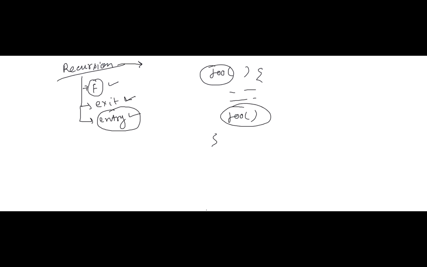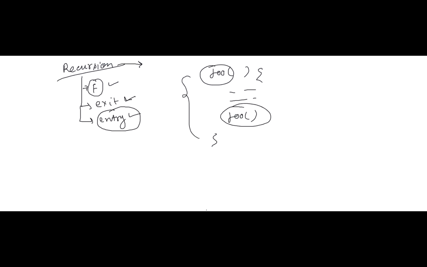Similarly, in recursion, entry means how we are calling the function again. Basically, recursion means calling the function by itself. For example, let's say I have a function foo, and inside this function I have some logic, and I am again calling foo, right? So the same function is calling itself. This logic is known as recursion.